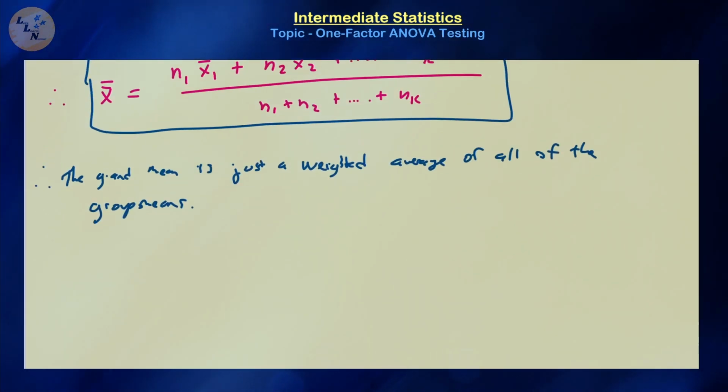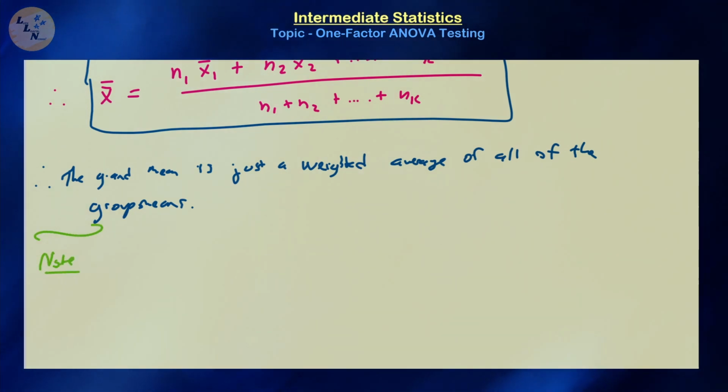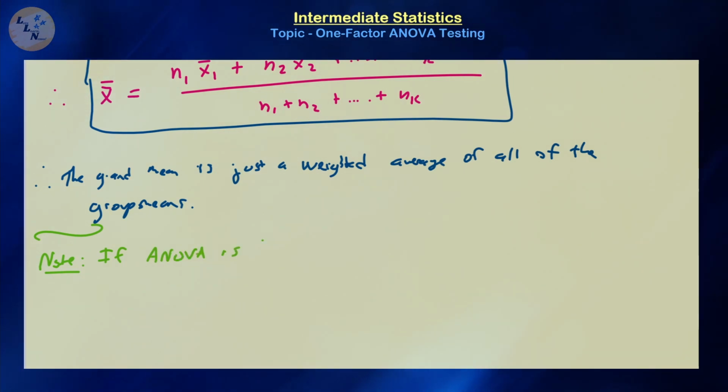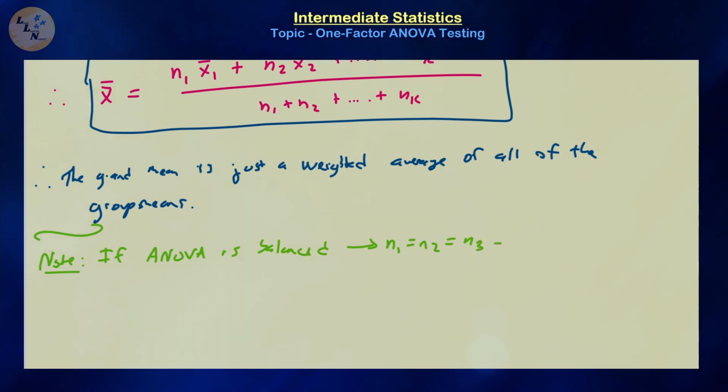Now let's look at a particular special case for this. Note, if the ANOVA is balanced, what do we have? That means n1 is equal to n2, is equal to n3, is equal to nk, which means all of the values are equally distributed across each of the k categories.